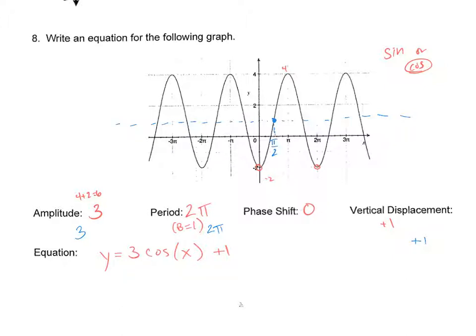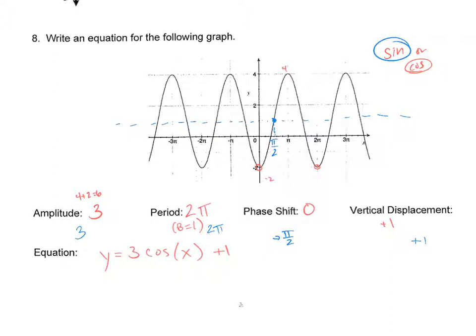So what that looks like, it's halfway between 0 and pi. So my phase shift, if I'm going to work in sine, okay, is pi over 2, but it's to the right, so I want a negative value, okay, in my equation.